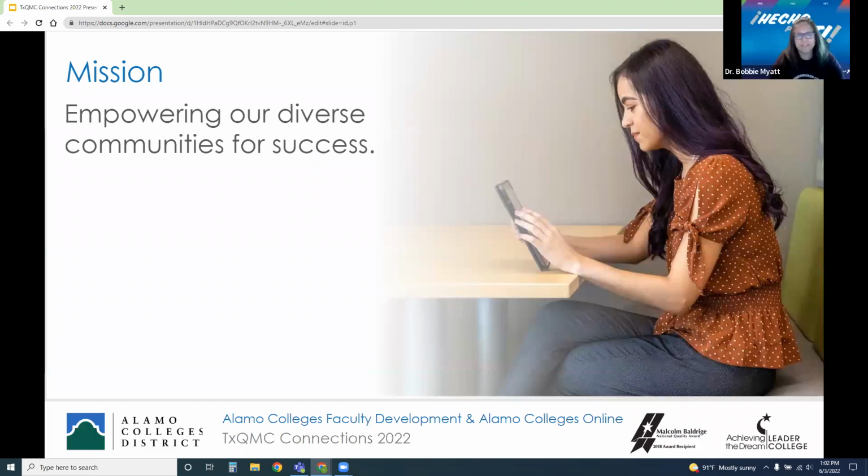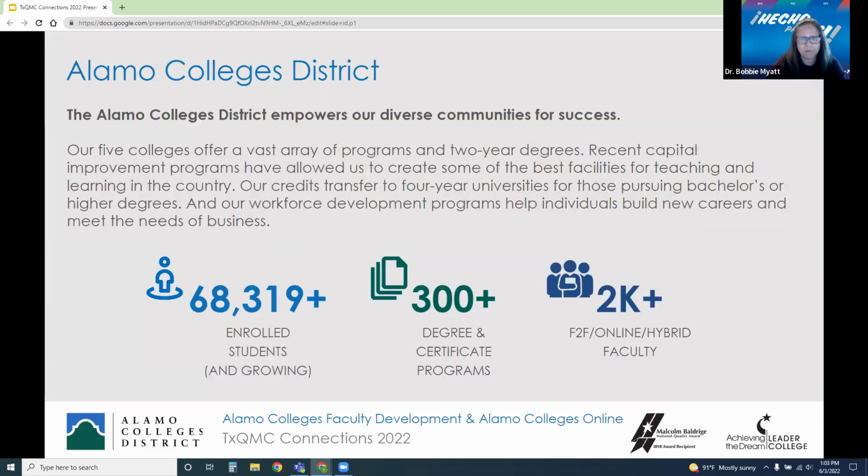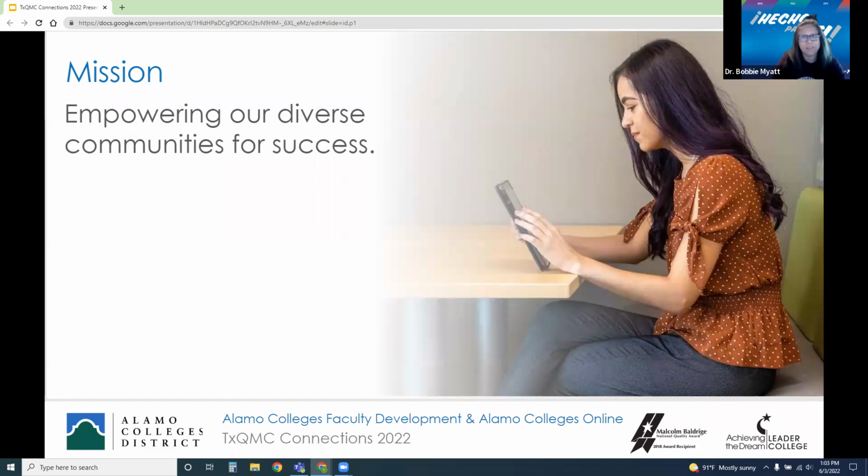Thank you, Rudy. This is our mission at the Alamo Colleges: empowering our diverse communities for success. Within that mission, we have a set of 6 values that we are committed to in building individual and collective character.